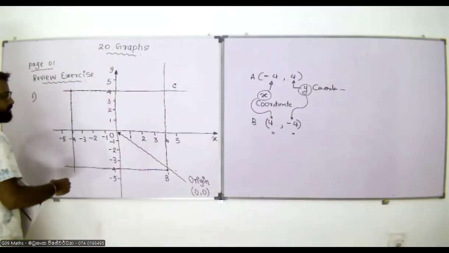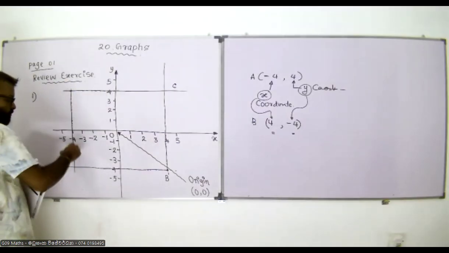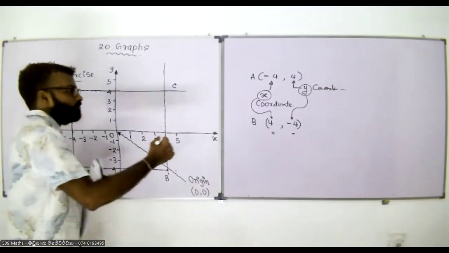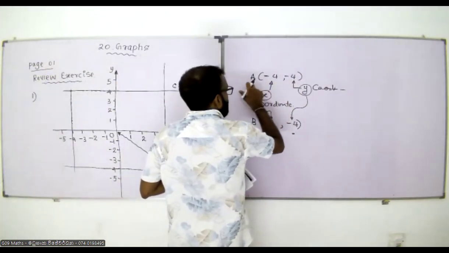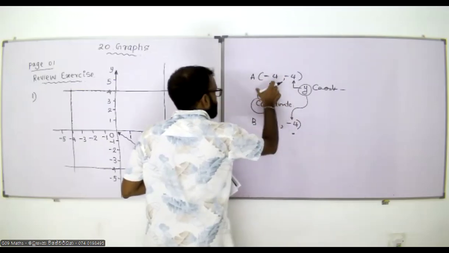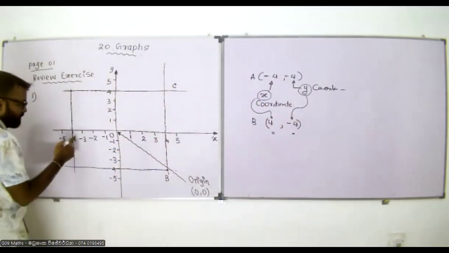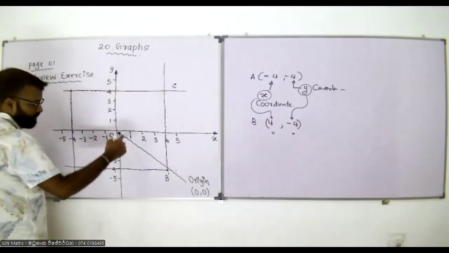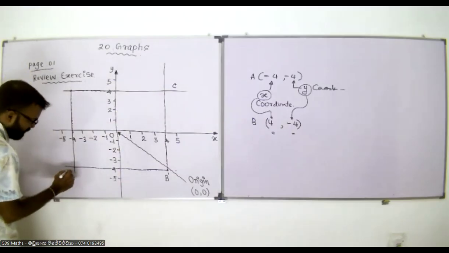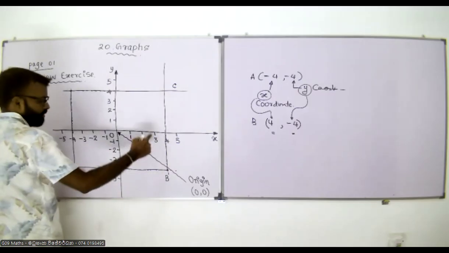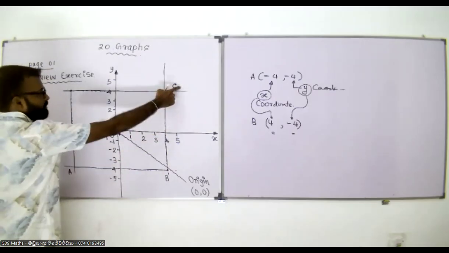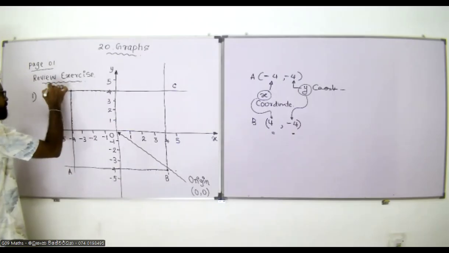So I have to change it, and I will change point A. A is (-4, -4). X-axis -4, y-axis is also -4. So A is here. Now this is B. So I will take this as C.